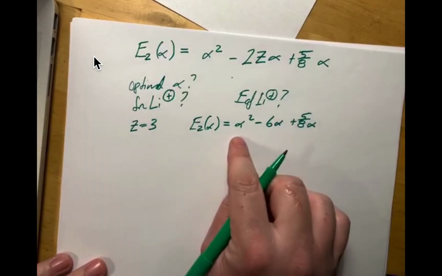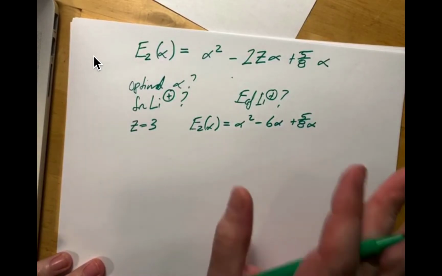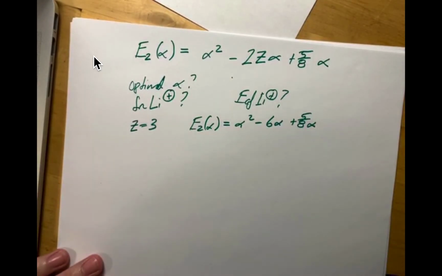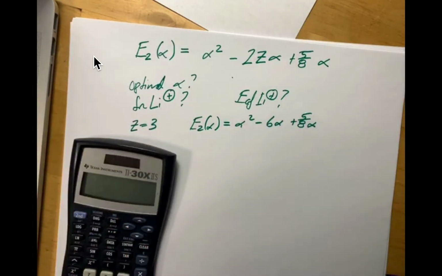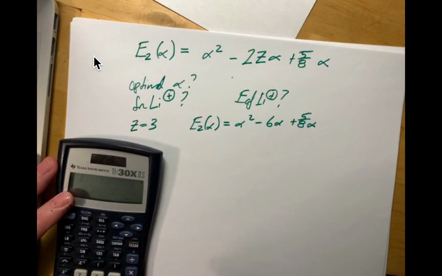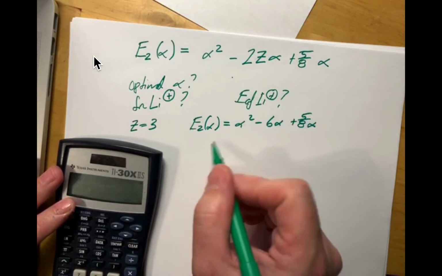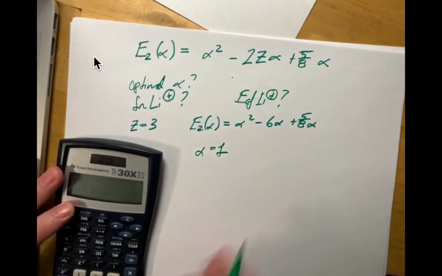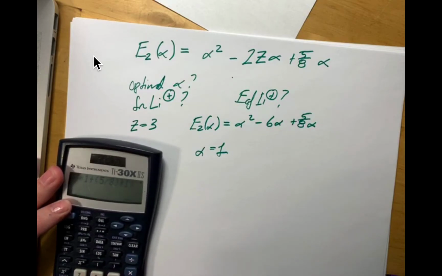So if you want to know what value of alpha gives you the absolute minimum, you can try some and try to narrow down where that would occur. So for example, I'll do alpha equals 1 here. So that's 1 squared minus 6 times 1 plus 5/8 times 1.